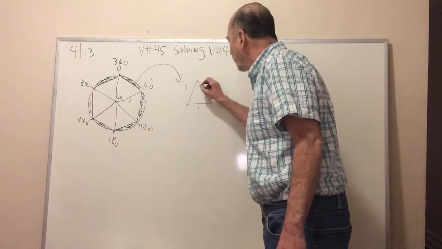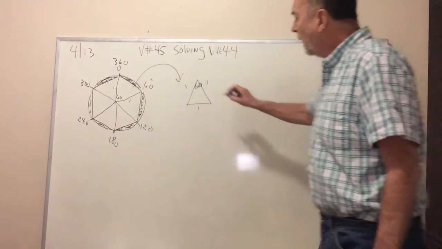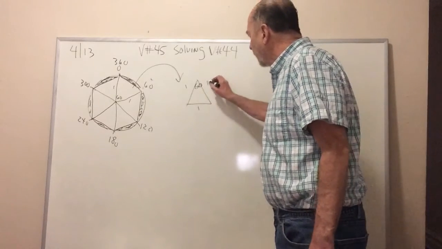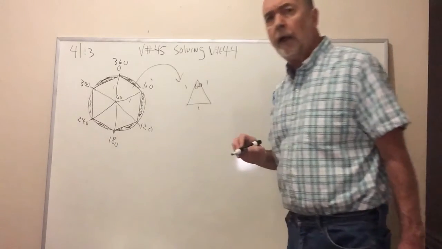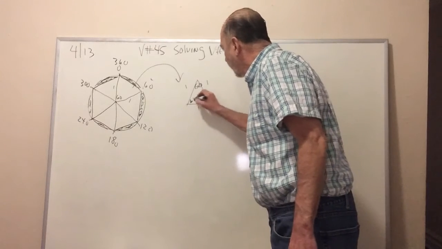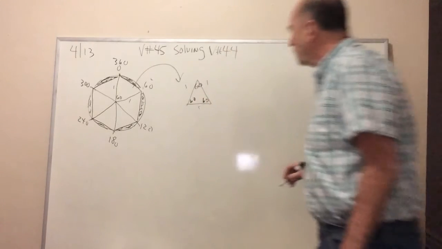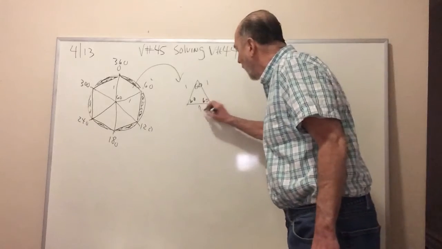This angle is 60 degrees, right? But wait a minute. If this is 60, and this is 1, and this is 1, and it's an equilateral triangle, well, this has to be 60, and that makes this 1. So it's an equilateral triangle.